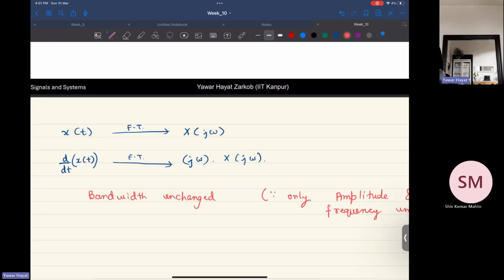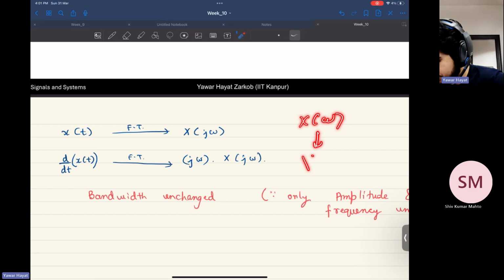Now, had there been a frequency shift in this signal by some operation, then the bandwidth would have changed, right? But in this case, omega remained omega. And we know that by some properties, this X of omega can become X of omega plus something.